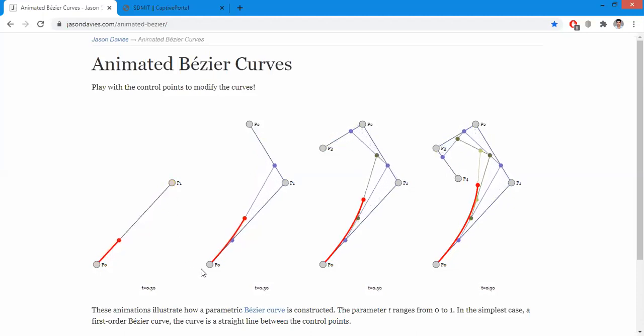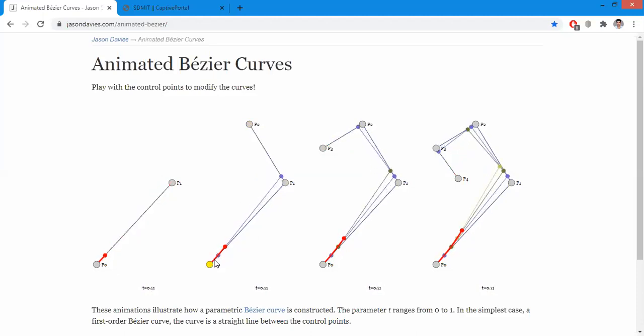Now I'll go to the next diagram. P0, P1, P2. These are control points again: P0 is the initial control point, then the second control point, and the final control point.